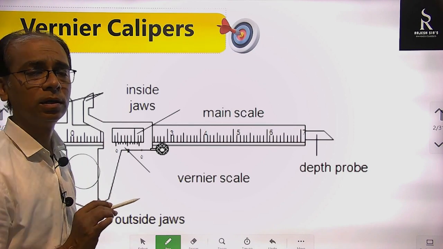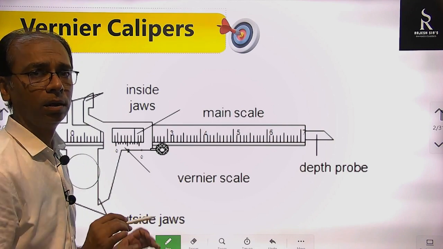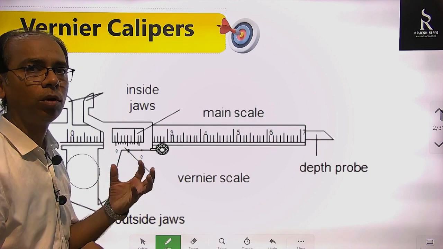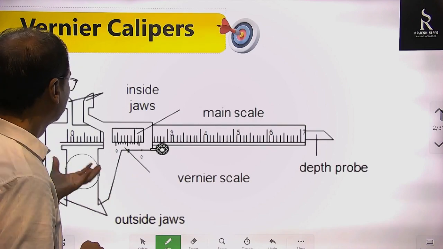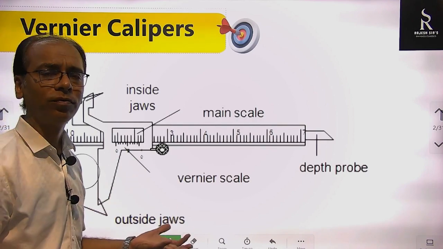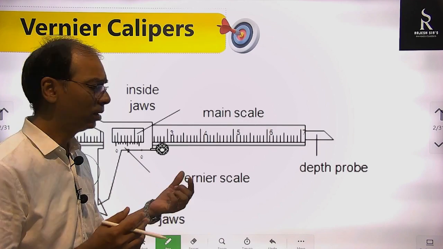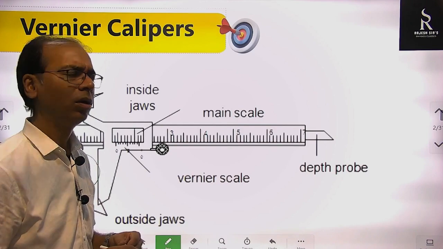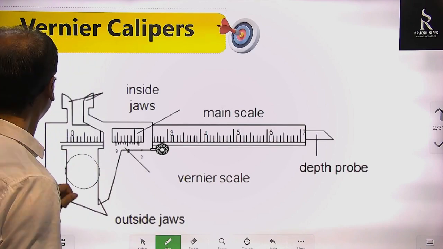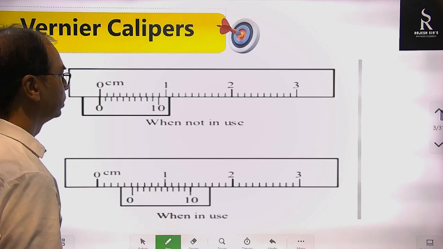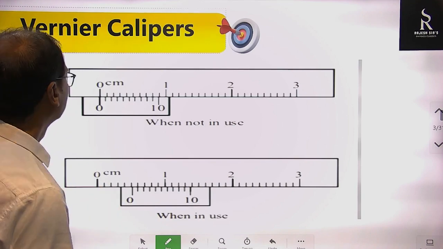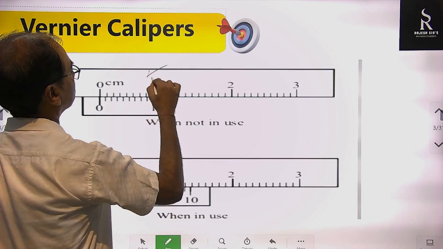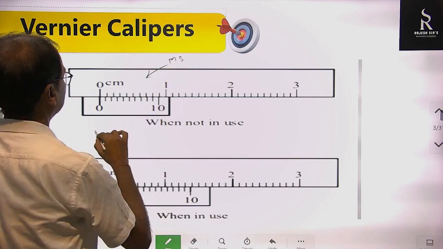If you have done the simple pendulum experiment, this is how we measure the diameter of the bob, diameter of the cylinder, length of small cylinders maybe, all these we find with the help of this. So how to see the reading? Now see, in this one, this is main scale and this is vernier scale.